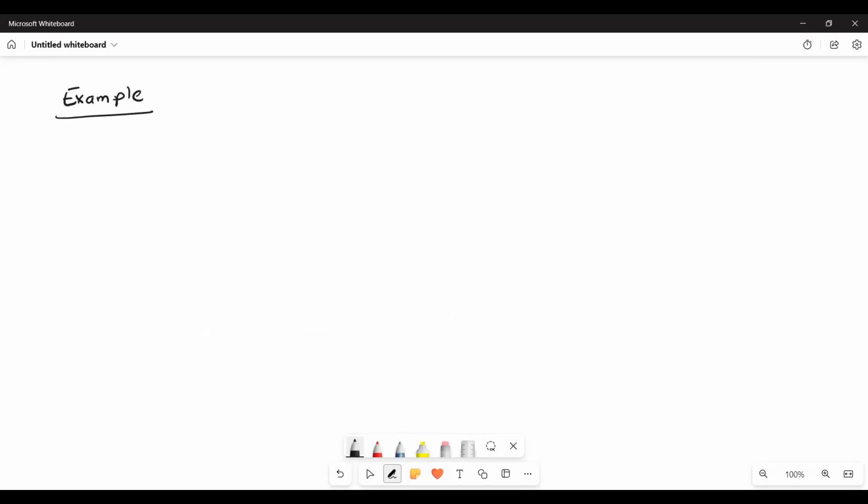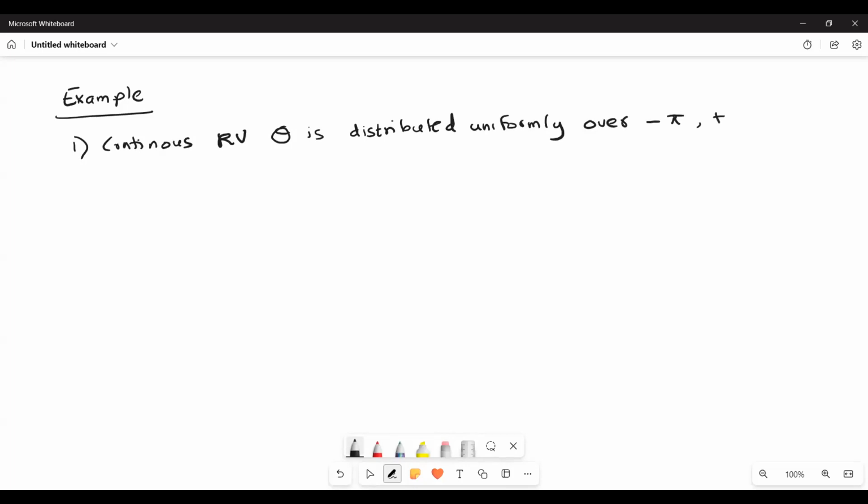So first, there's a continuous random variable which I can denote as theta, and this random variable is distributed uniformly over the range of minus pi to plus pi.